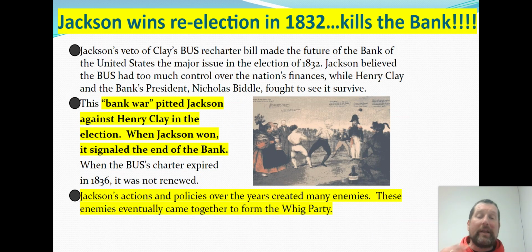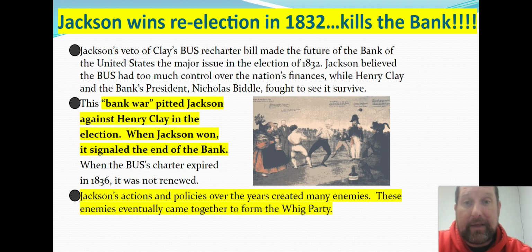So Jackson wins re-election, I should say, in 1832. And what does he do? He kills the bank. Again, it's ironic that he's on the $20 bill. The central issue in the election of 1832 is what we would call the bank wars. Jackson had vetoed the Bank of the United States recharter bill, and it makes the major issue whether or not the federal bank would be rechartered.